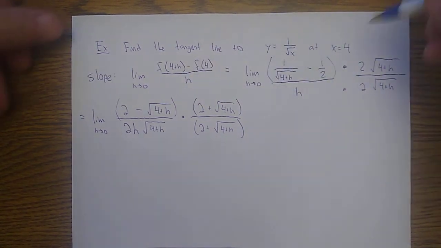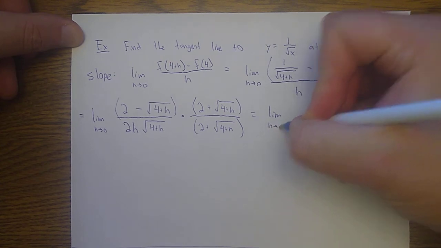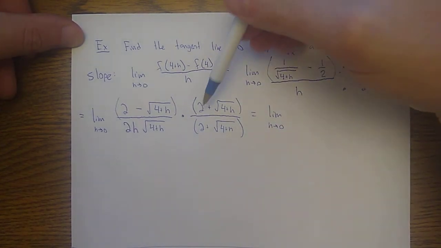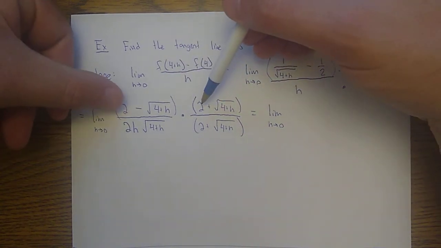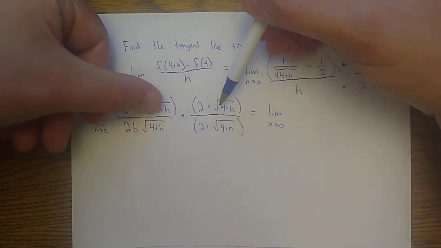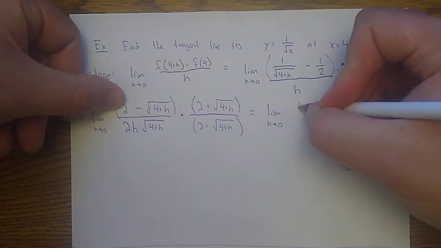Let me multiply this out. What happens, you remember we're using the difference of two squares formula, so when I multiply this out, I'm going to get this squared minus this squared. Okay, so this squared would just be 4.